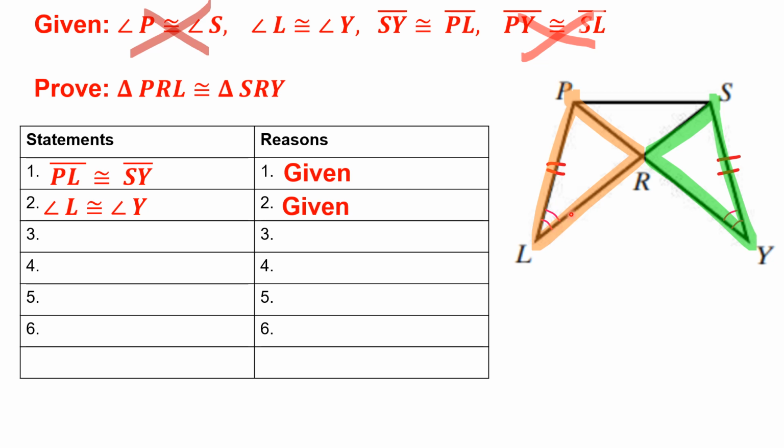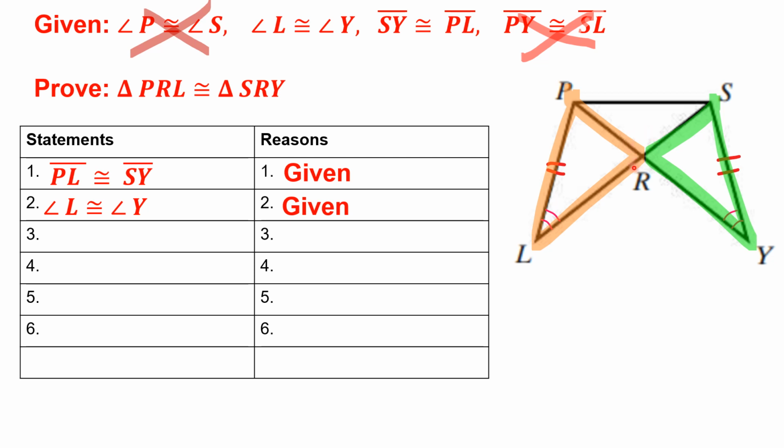All right, so what do you think here? Do you see anything else that's matching up in these two triangles? It's angle R, right? Angle R is a vertical angle with itself. When we had the vertical angles theorem, it said that when two lines intersect, they form two pairs of congruent angles, right?